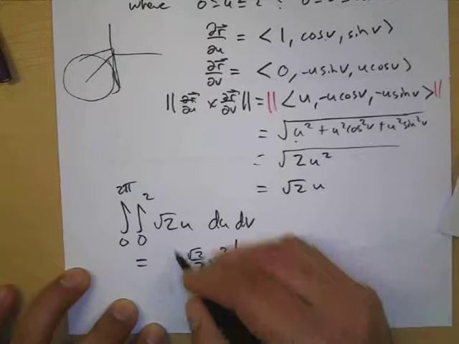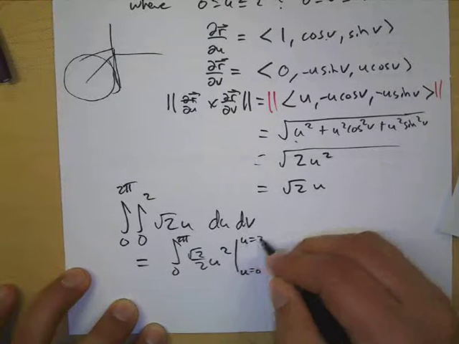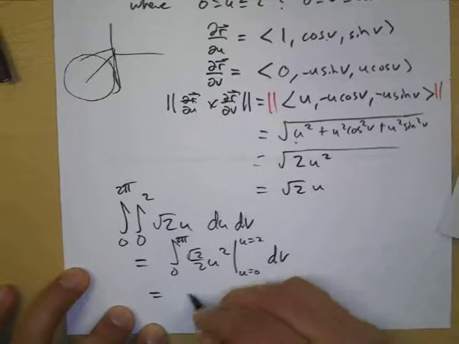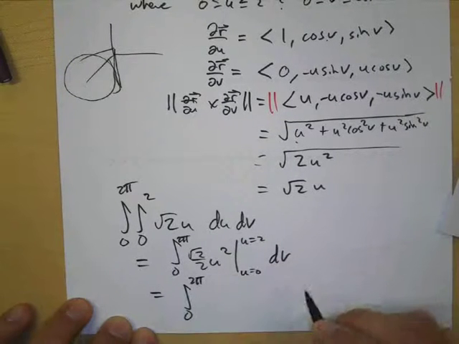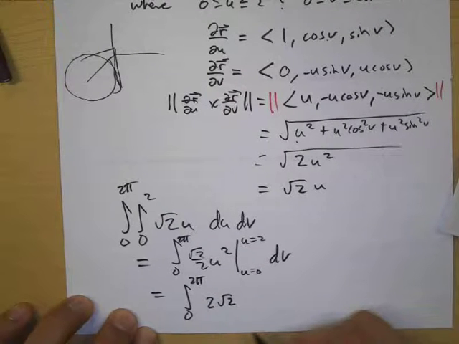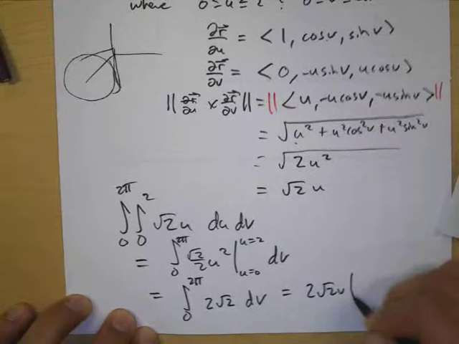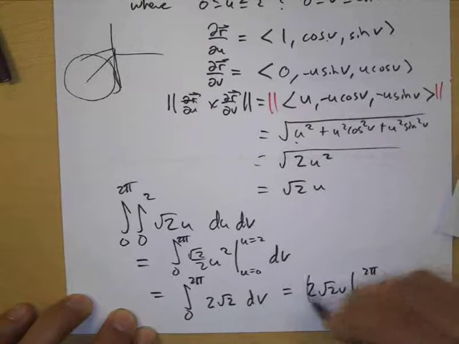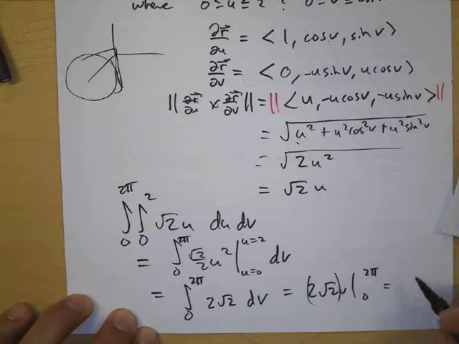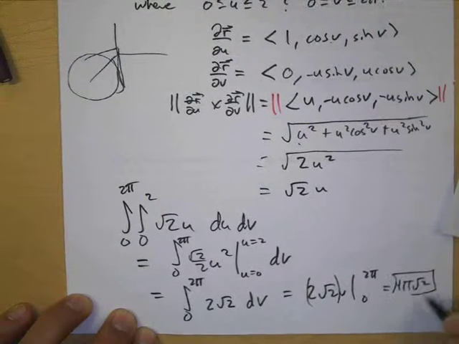And then plug in u equals 0, u equals 2, and what do we get? 2 root 2. That's going to be 2 root 2 v from 0 to 2 pi. So we just get 4 pi root 2. So that would be the surface area.